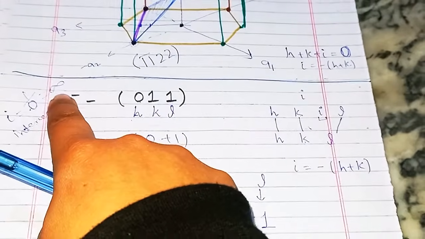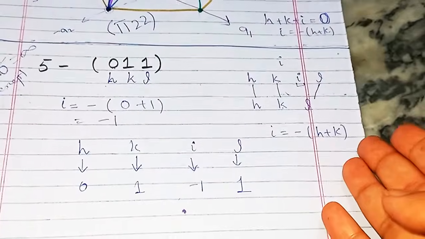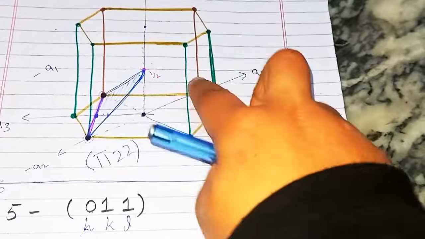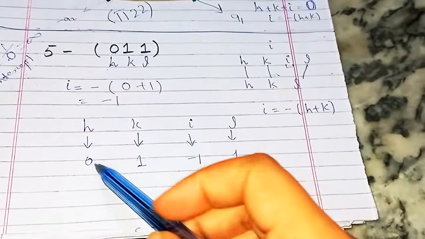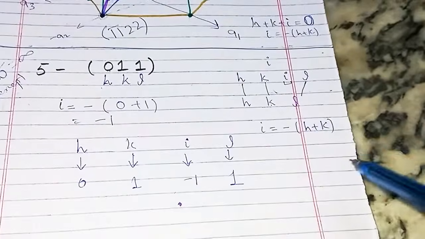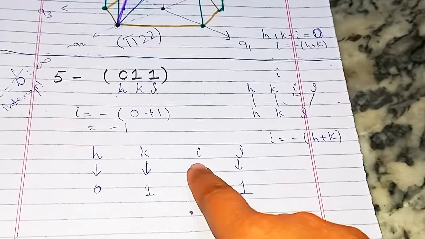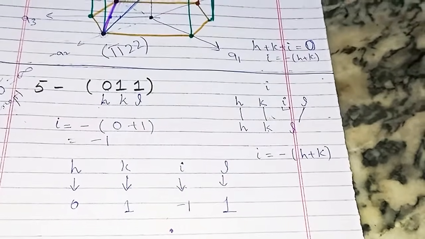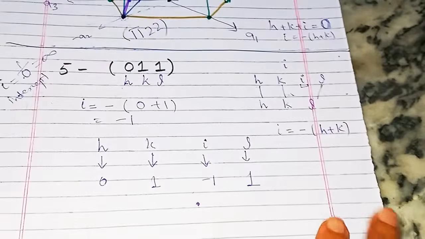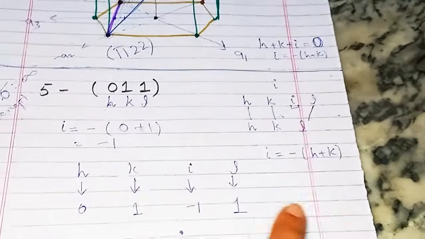But if I is not 0, if I is something else, then you don't need to consider it while drawing the plane, because that doesn't matter. All that will matter is h, k and l for us, but we have to confirm whether I is 0 or not, whether the intercept corresponding to a3 is infinity or not. They are similar statements. I'm just making sure that you are understanding it completely.